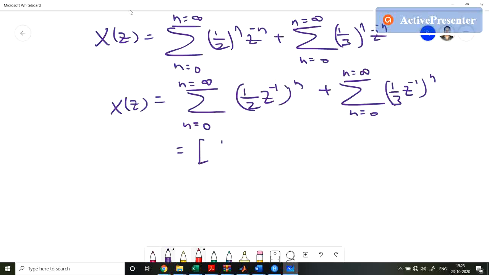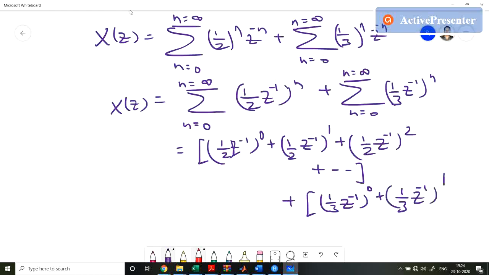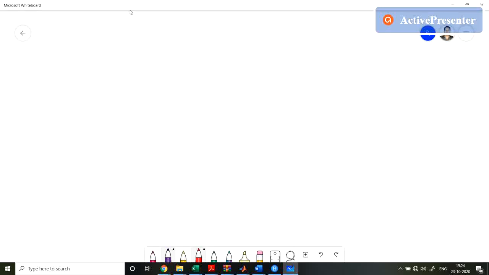If we put n equals 0, then it is equal to ((1/2) z inverse)^0 plus ((1/2) z inverse)^1 plus ((1/2) z inverse)^2 plus dot dot dot, plus ((1/3) z^(-1))^0 plus ((1/3) z^(-1))^1 plus dot dot dot. So this is X(z).